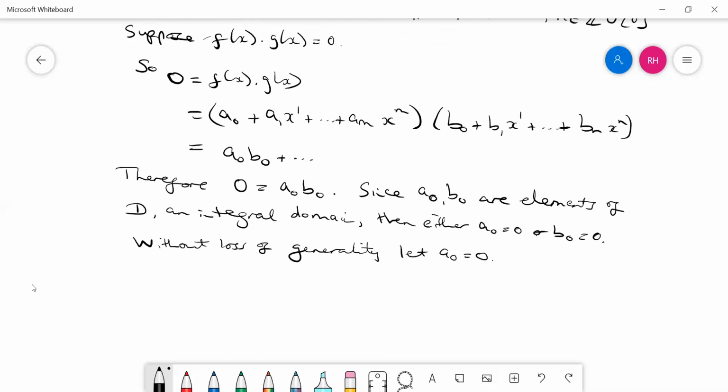I could do case A and case B. Case A is a0 equals 0, case B, b0 equals 0, and work through them that way. But this is a much neater way to do it. So what I can do is replace that with 0. So that equals 0, because I know a0 equals 0 now, then a1 x.